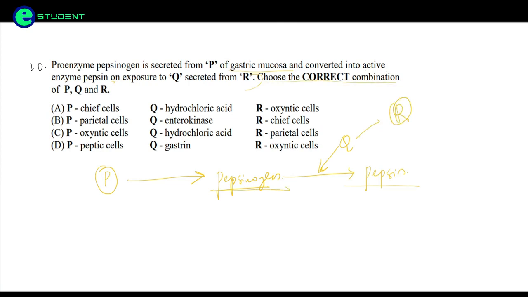We know that pepsinogen is secreted from the chief cells.